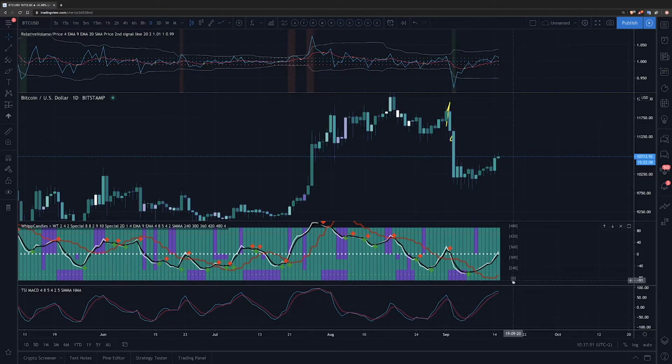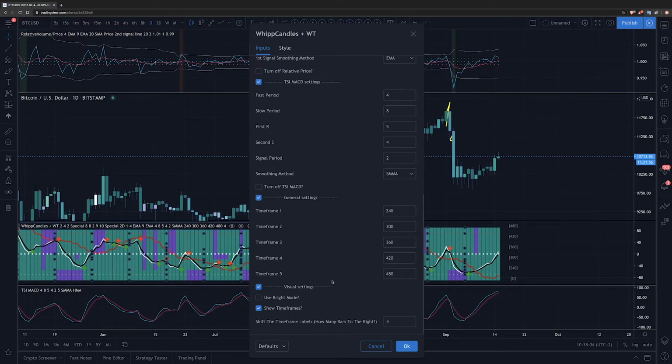So now we have here, this is our daily chart. Our daily chart is bullish, but here we have 240, 300 minutes, 360 minutes, 420 minutes, 480 minutes. So that doesn't really make sense. So we would have to change those to, this will work quite nice actually, 2-day, 3-day, I'll skip. And there we go, 6 days there.